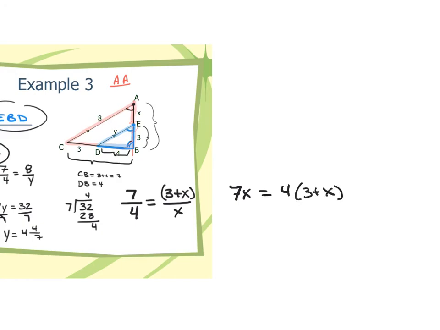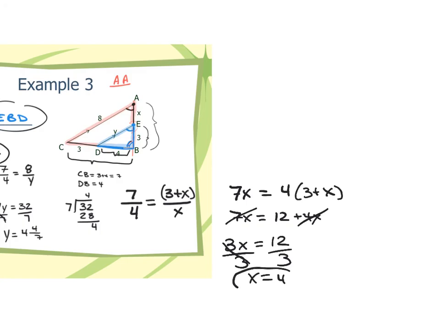Then you get 7x equals 4 plus 4x. Then take the 4, subtract it, and then divide by 3. What do we end up with? 4. Beautiful.